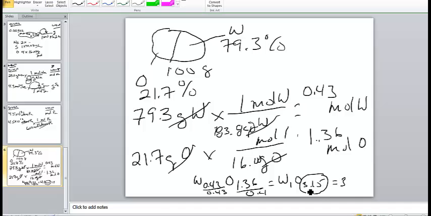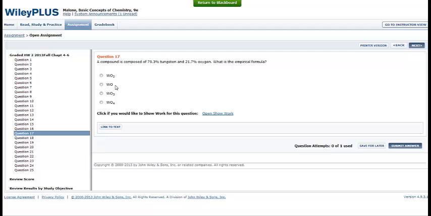Remember I said how to do this. You take 3, 10% of that would be 0.3, 5% of that would be 0.15, and that means we are within that. So not only that says we should be WO3, but if we go back and look at the choices, the other choices are WO, it's not that. It's not WO2, it's not WO4 because we have to multiply by quite a large number to make 0.15 a whole number. So our best choice here is WO3.